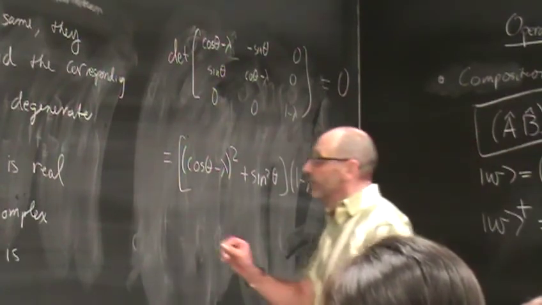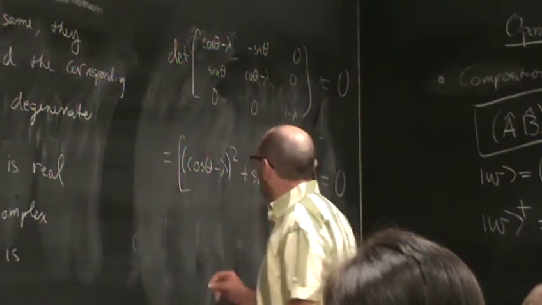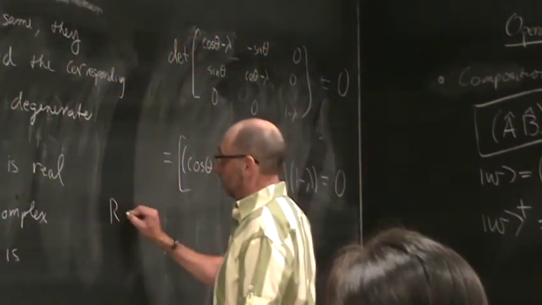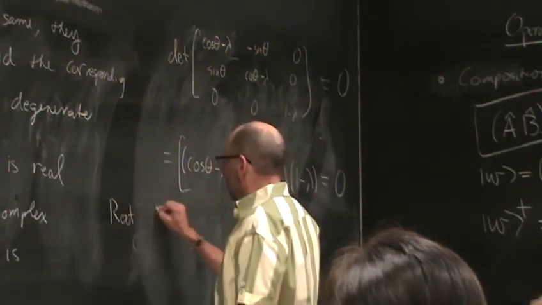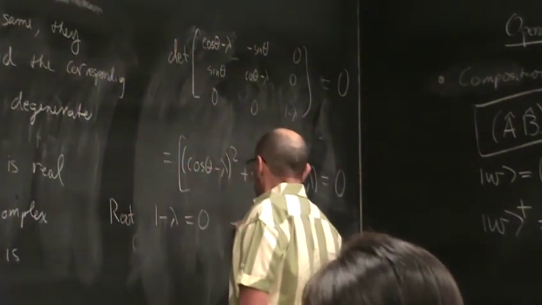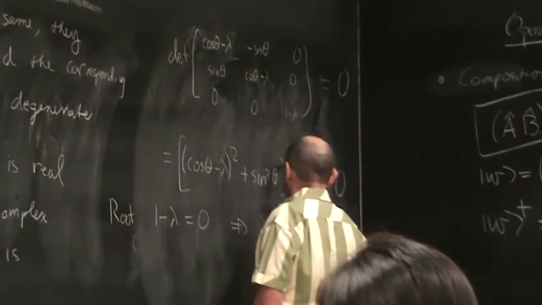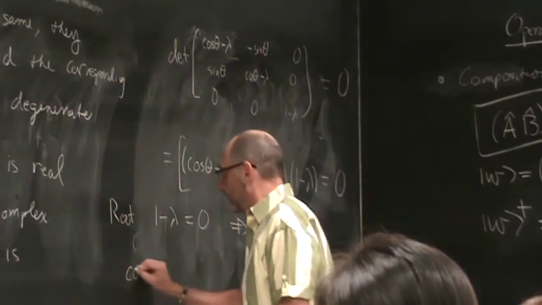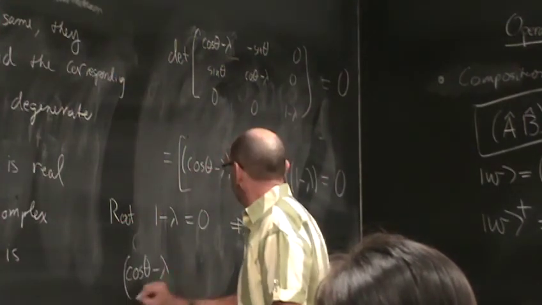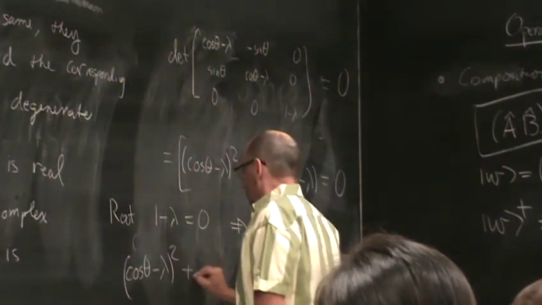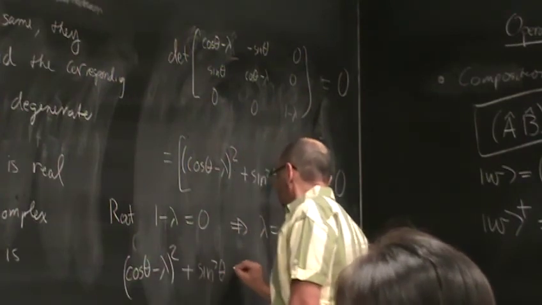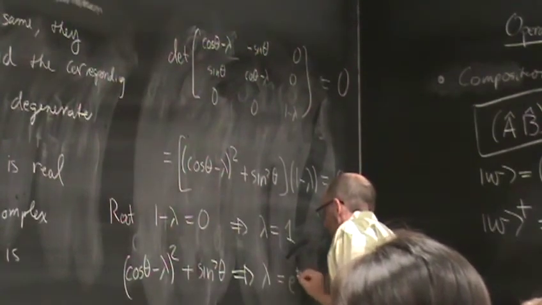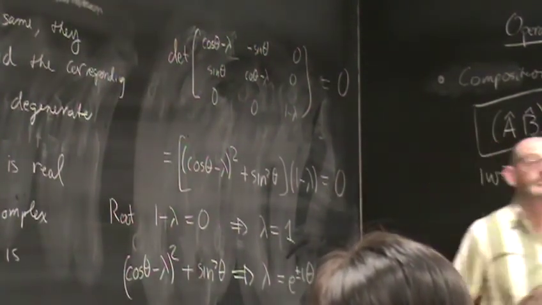So we have the roots. 1 minus lambda is 0. There's one root, which is lambda is 1. And then the other roots are the roots of this quadratic. I'll leave it to you to quickly show that the roots of those are e to the plus or minus i theta.